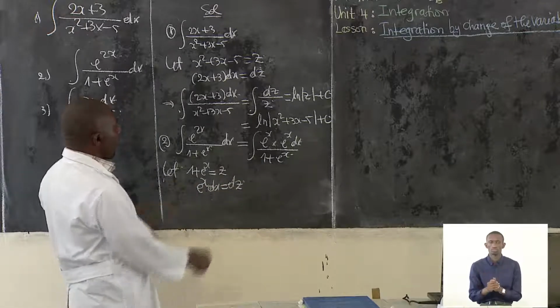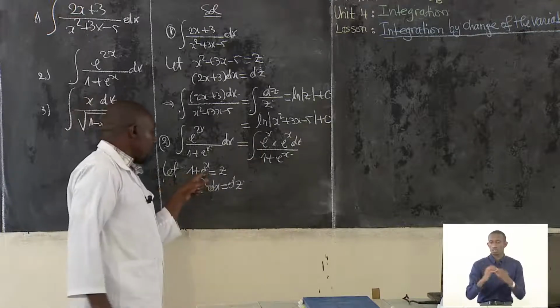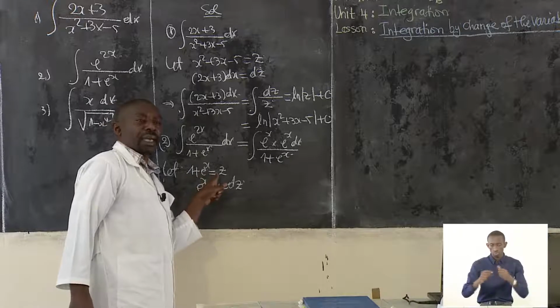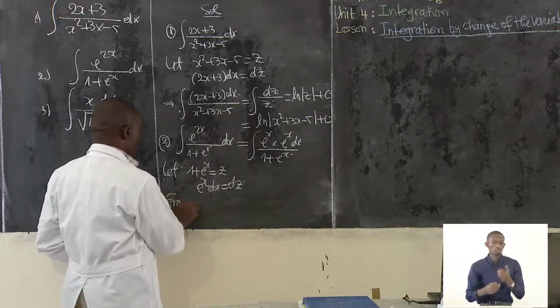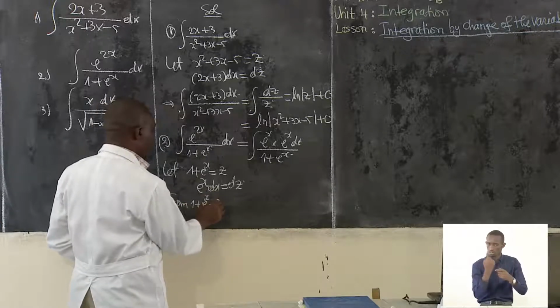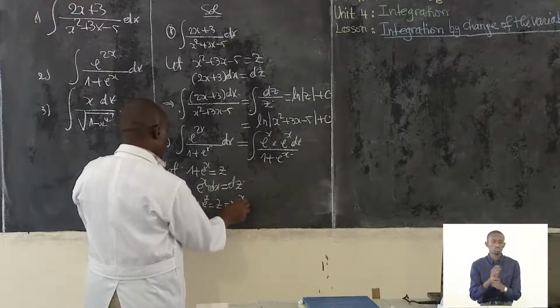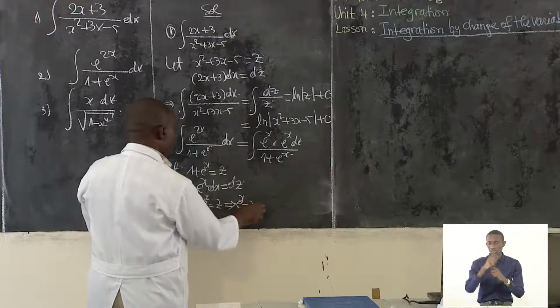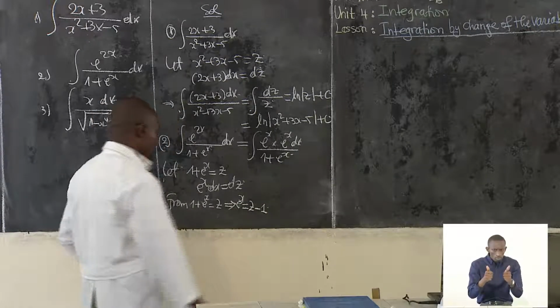But still, I have e power x. I can express e power x in terms of z. From 1 plus e power x equals z, I can deduce the value of e power x, which is equal to z minus 1. Are we together? Okay.